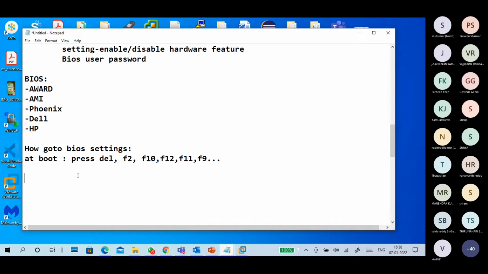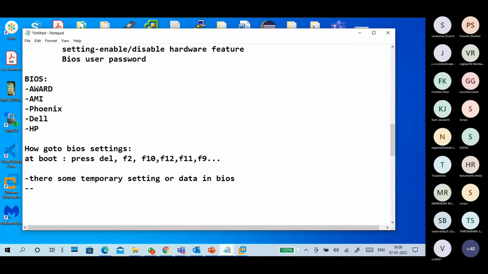So anything about BIOS? Yeah, the last point about the BIOS, guys, is that there are some temporary settings or data in BIOS.